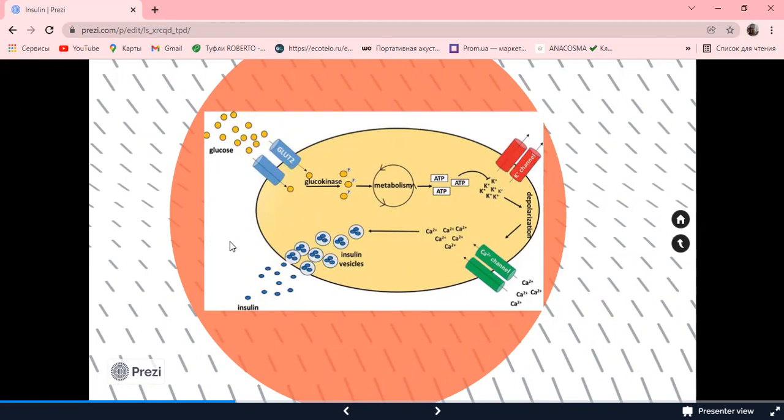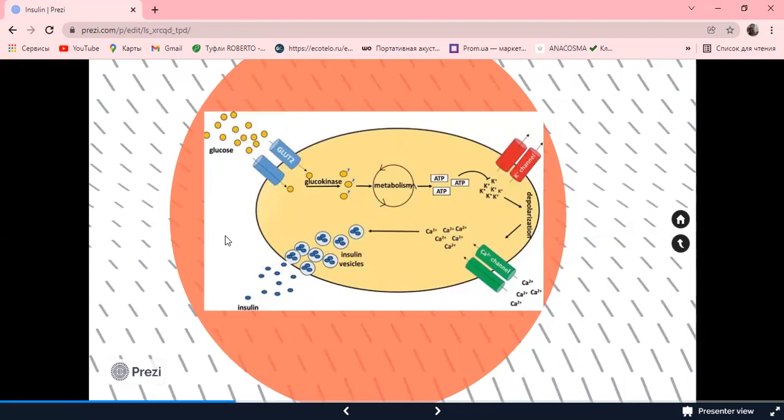The first, second, and third carrier proteins are located in insulin-independent cells. The quantity of these proteins in cell membranes is not dependent on insulin concentration. The quantity of GluT4 proteins in the cell membrane depends on the concentration of insulin in blood.